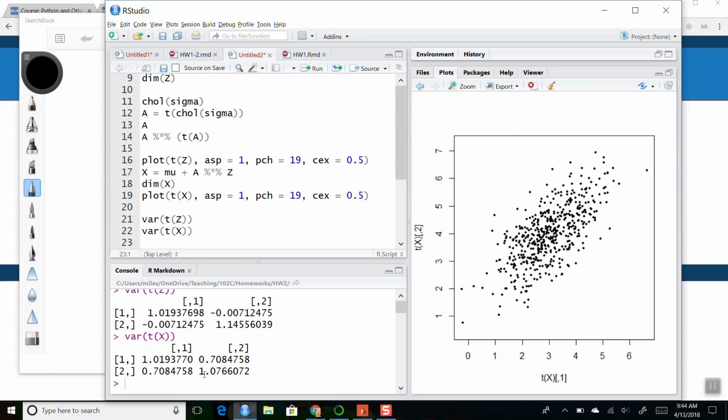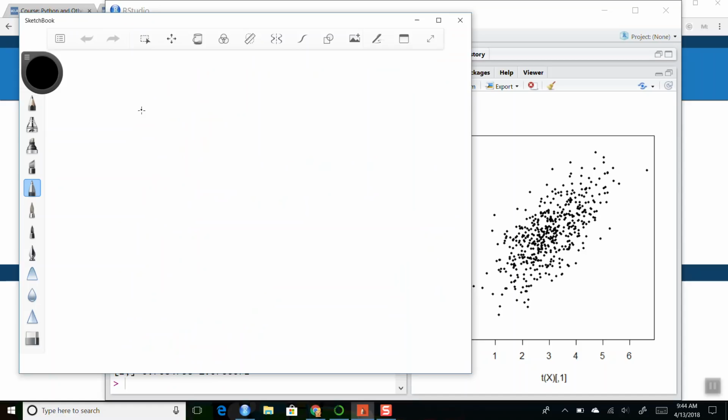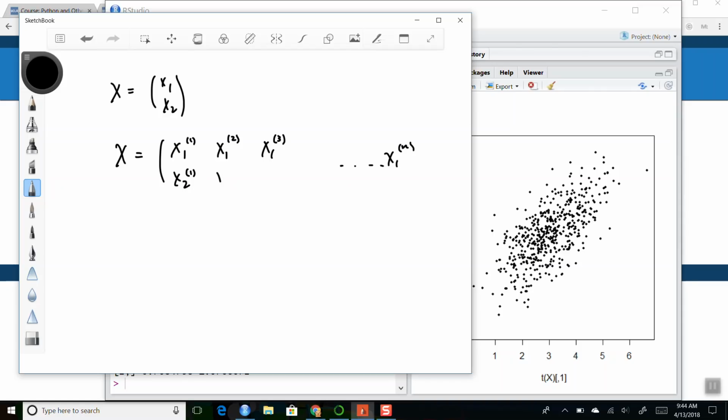Okay. Are there any questions on this? Yes. Yeah, because the way we defined it in our math, we defined each increment of x like this, so it ends up being x1 value 1, x1 value 2, x1 value 3, and x2 value 1, x2 value 2, all the way up to x2.